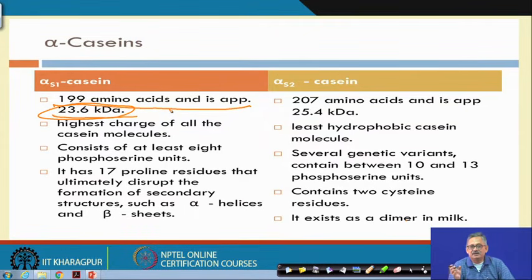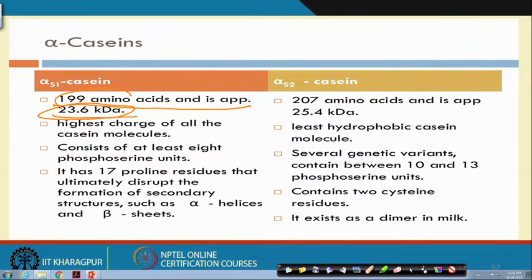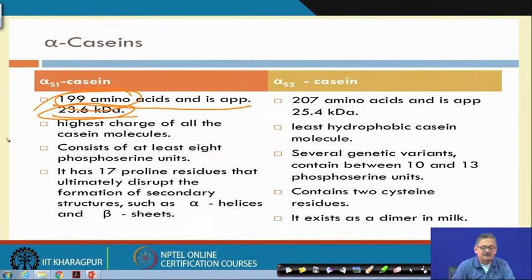Normally we state lengths in millimeter, meter, micrometer, then nanometer, but these molecules are stated in terms of Dalton, and around 199 amino acids are present in alpha S1 casein.